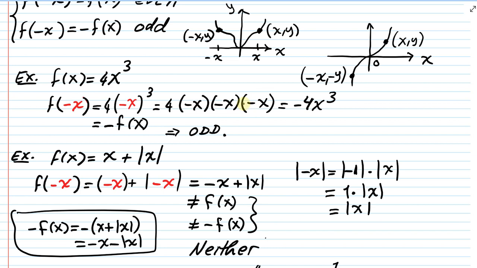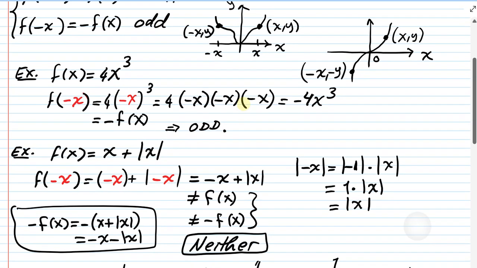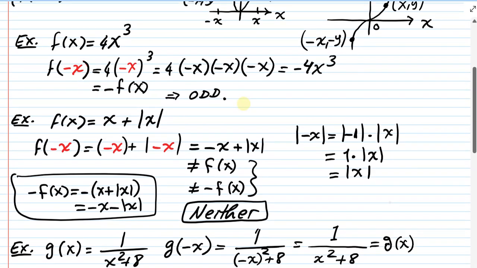Consequently, this function is neither odd nor even. Therefore, there is no symmetry with respect to the y-axis or the origin. Now, there may be symmetry with respect to some other line, possibly, but it's just the y-axis and the origin that we are interested in this case.